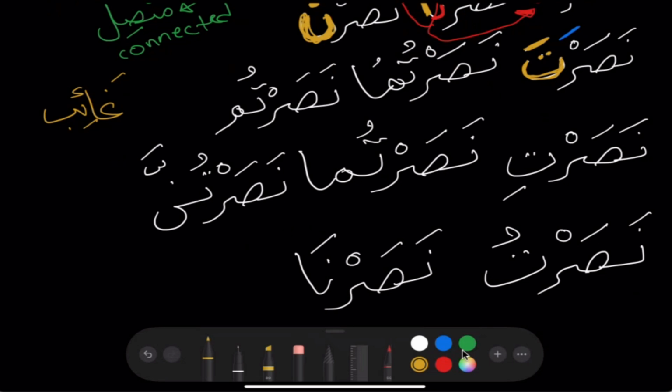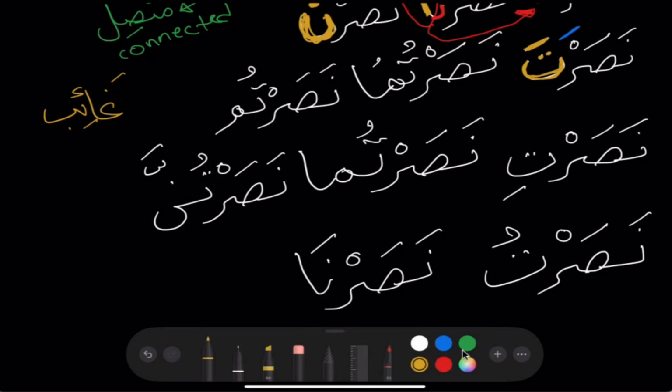So nasarta, meaning what? Enta. But enta is a different pronoun. You can say the ta with fatha here means enta. That's valid. Yani. But still, there's really a difference between this ta and enta. But this ta cannot be mubtada because it can only come suffixed, attached to the back.